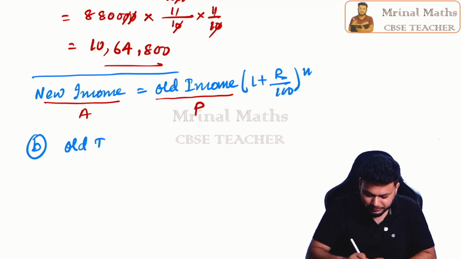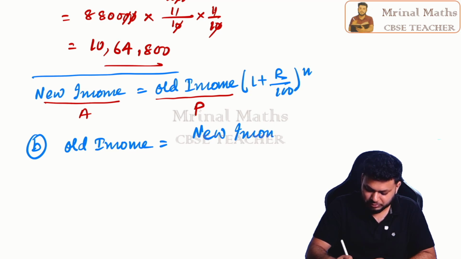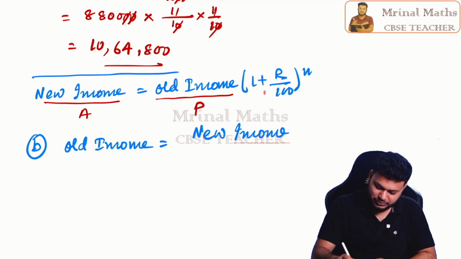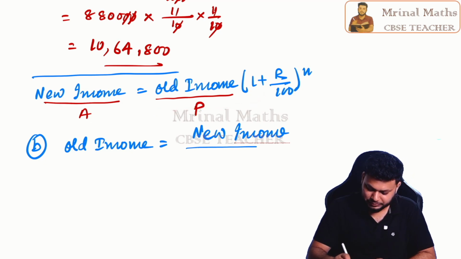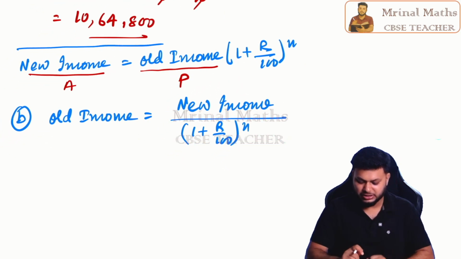Old income is equal to new income, and if you take the 1 plus that side, it will go and divide by 1 plus r by 100 to the power n. See what I just wrote.